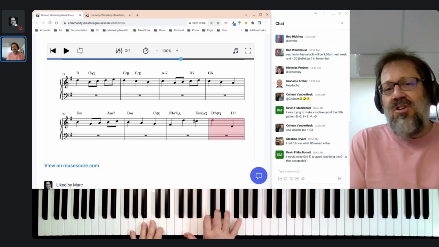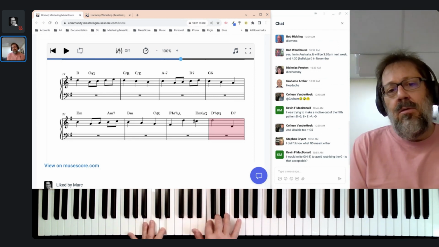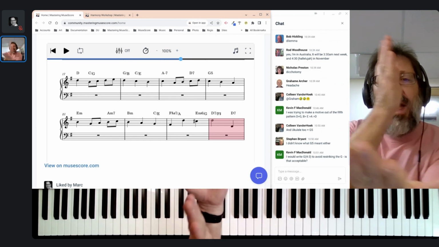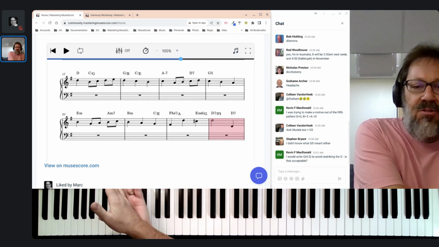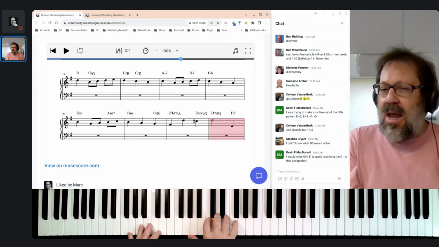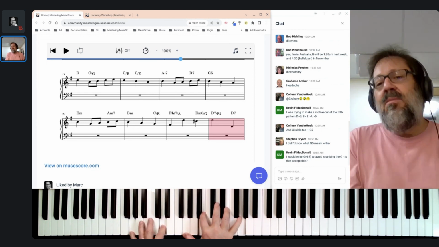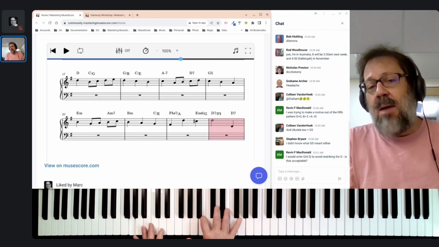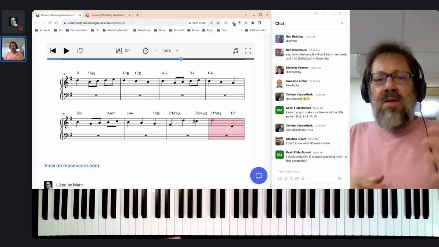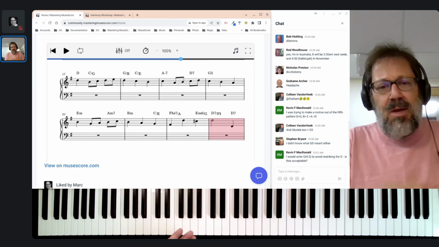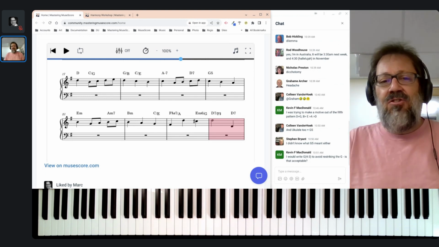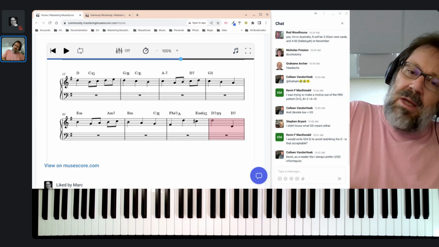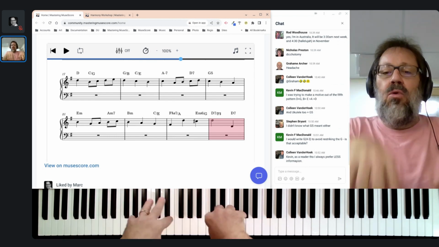If I'm arpeggiating my accompaniment, I would still want to know when to change from that sus to the triad, and I'm not restriking, I'm arpeggiating, right? So if I'm playing an arpeggiated accompaniment, I still want to know when that chord changes. Don't think of it in terms of strumming a guitar or playing a block chord on the piano.